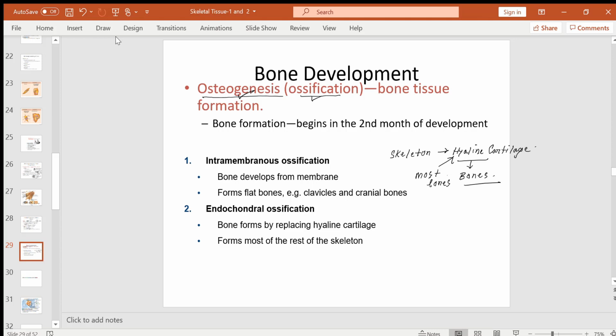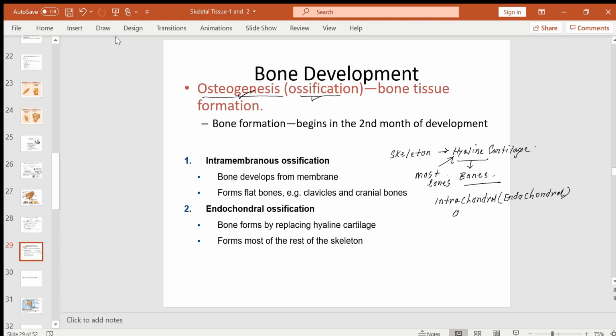Okay, so most of the bones of your skeleton come from the hyaline cartilage, and that's why that type of bone formation is called intrachondral, also called endochondral. Same thing. Endo means inside, intra means inside, chondral, same thing, right?